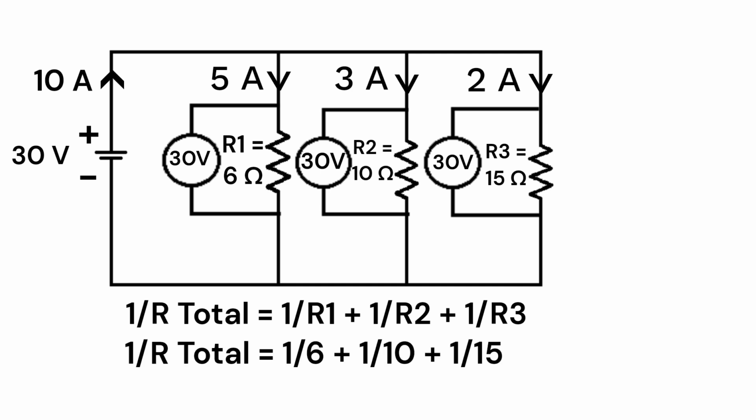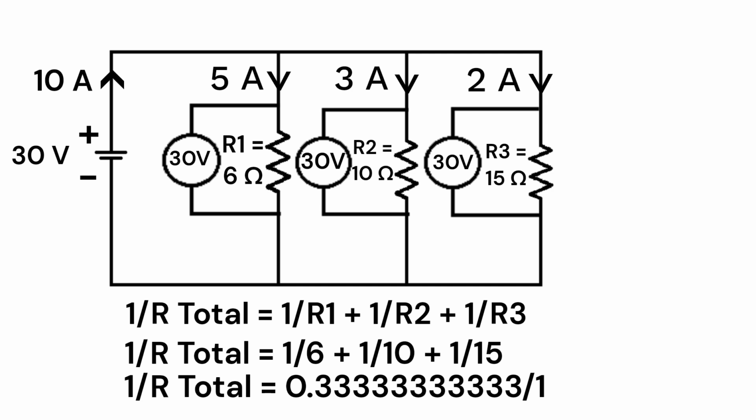So 1 by R total is equal to 1 by 6 plus 1 by 10 plus 1 by 15. Then 1 by R total is equal to 0.113 by 1. To save some time, I am going to say it as 0.113, but you can clearly look at them on the screen.